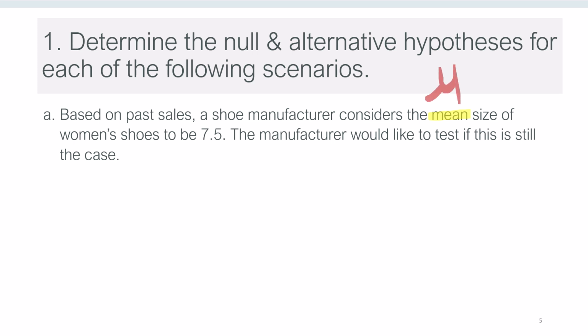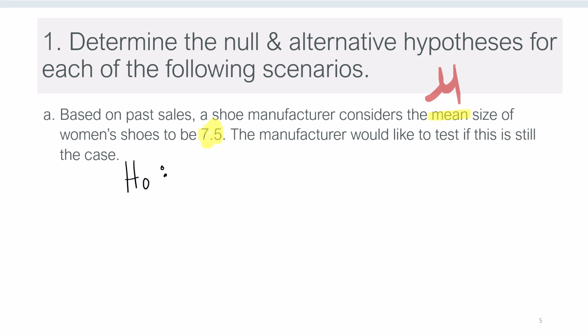The value that's currently believed to be true is 7.5. He doesn't seem to have an idea one way or the other if the mean size is larger or smaller. He's just trying to test if this claim is still true.